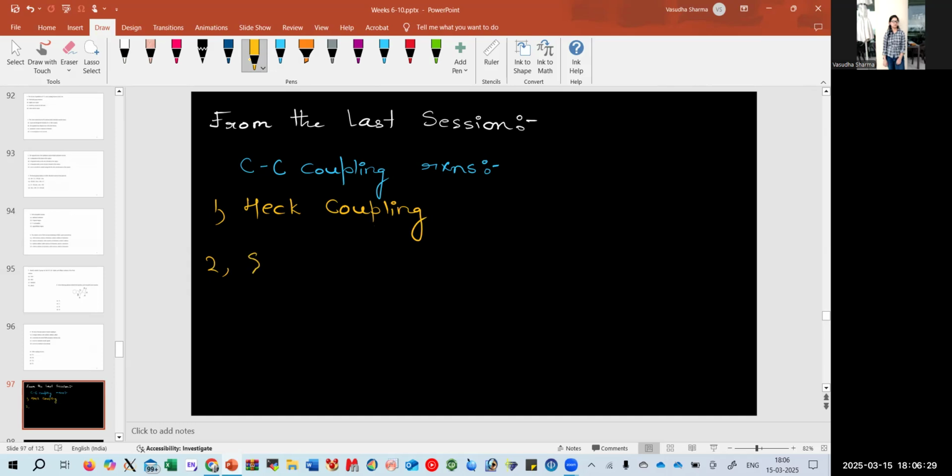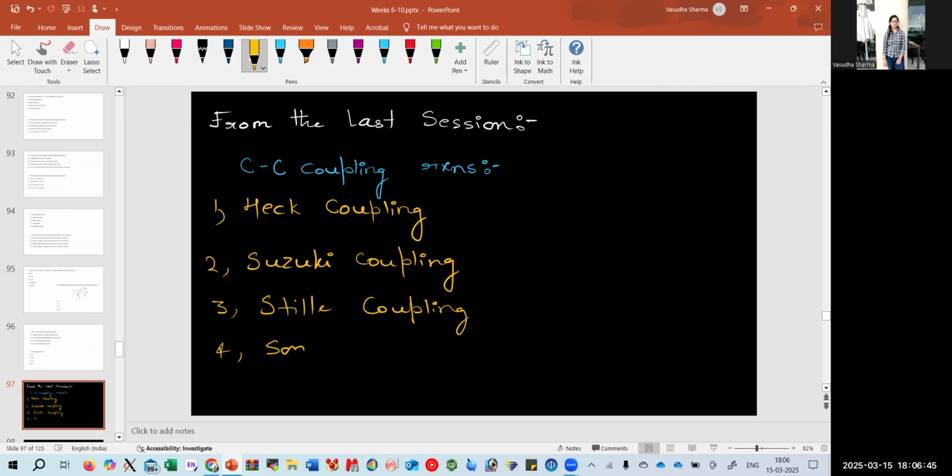All these coupling reactions we will be discussing in full detail along with their mechanisms and problems: Stille coupling, Sonogashira coupling, hydrocyanation reaction, and so on.